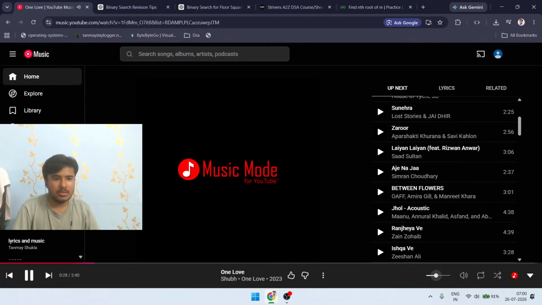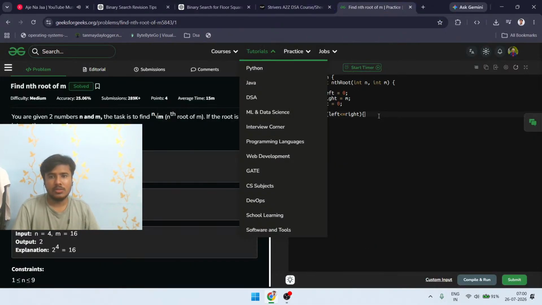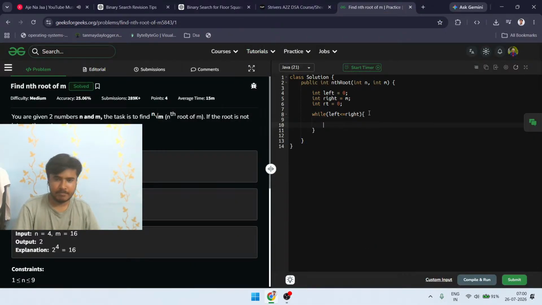My bad. Yeah, this. So the task is to find the nth root, but it does not include it in the back one.